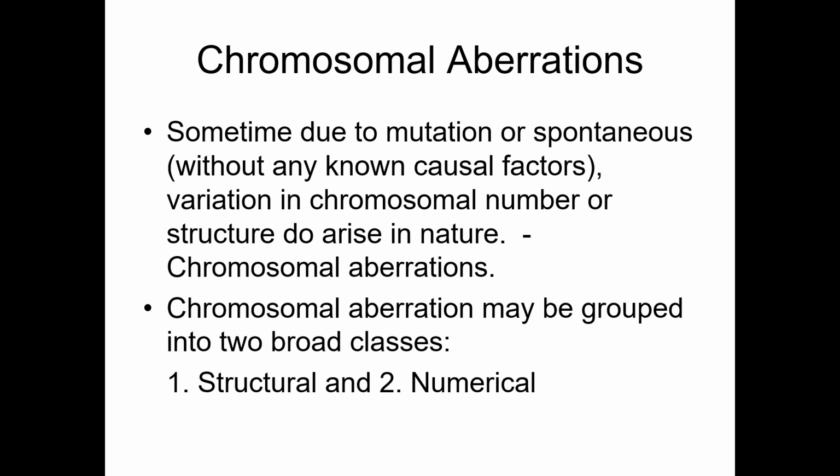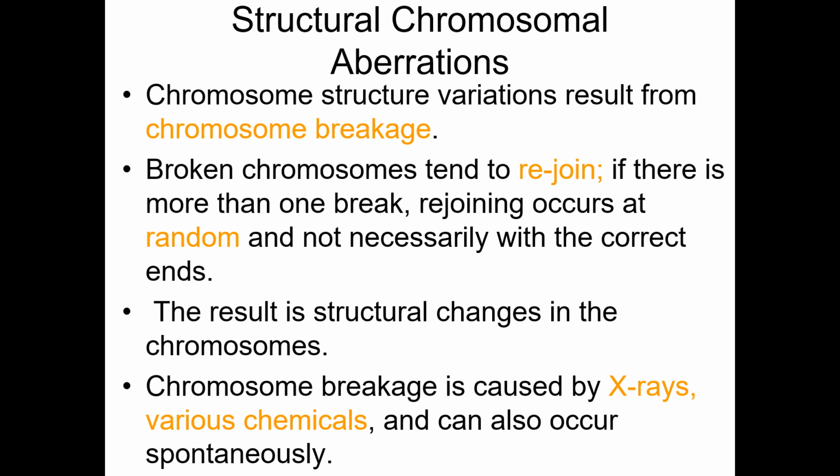Structural aberration is with respect to the structure of the chromosome, the kind and sequence of arrangement of the genes, and the numerical one is the change in the chromosome number, which otherwise would have been constant. Now, first let's try to understand the structural aberrations of the chromosome.